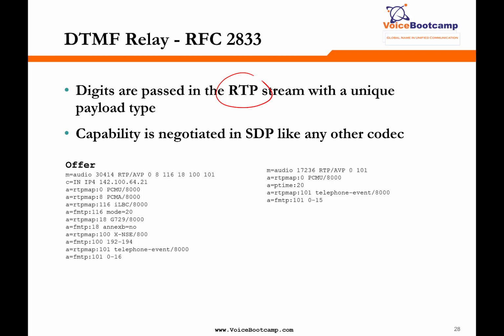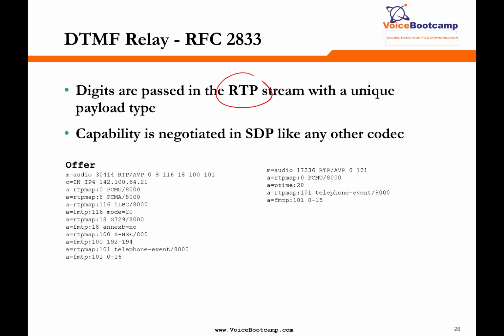So when you're entering digits, you want to make sure that it is reliable. And that reliability will depend on whether it is using a TCP port or a UDP port. So in this scenario, if you're going to use RFC 2833, you're sending the digits over the UDP port.